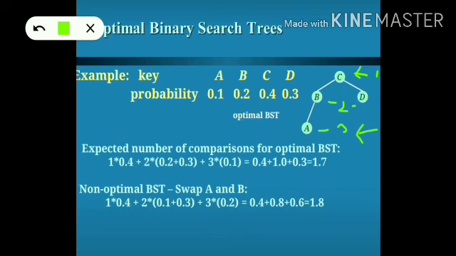So what is the cost of this search? It is given by the summation of levels times their respective key probabilities.